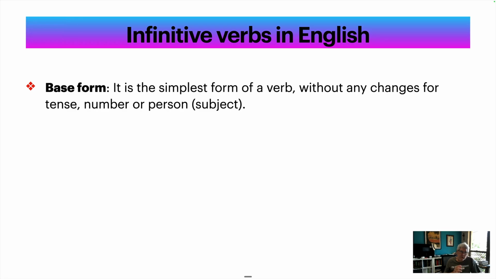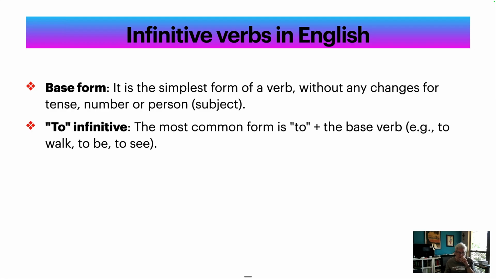The base form of the infinitive is just the simplest form of a verb, like eat, walk, drink, talk, etc. And no changes are being made at that point for tense, for number, or for person. It's simply the most basic, simple form of the verb.